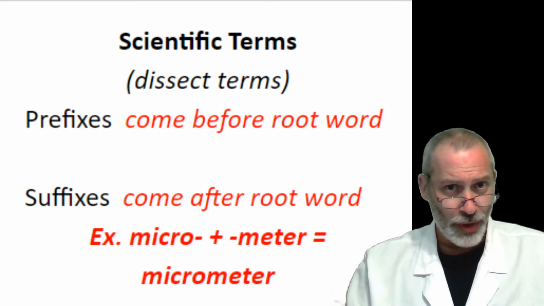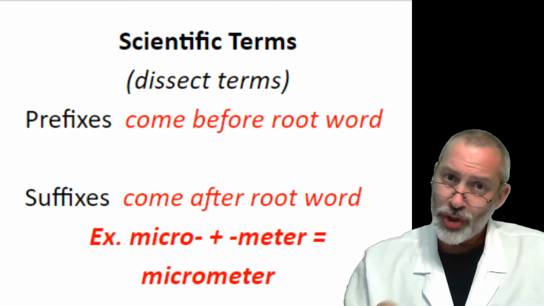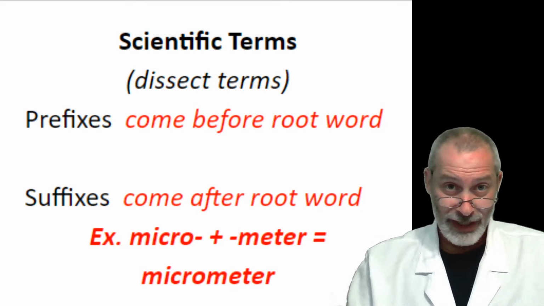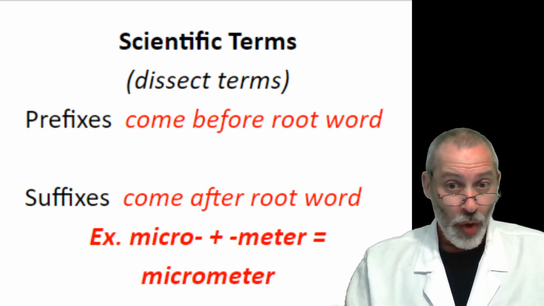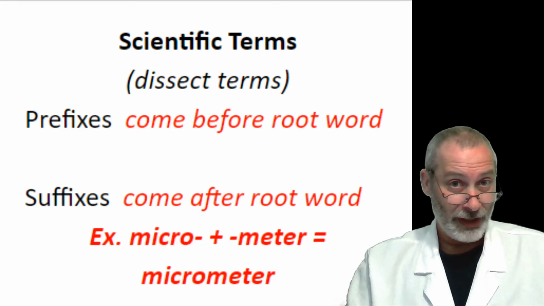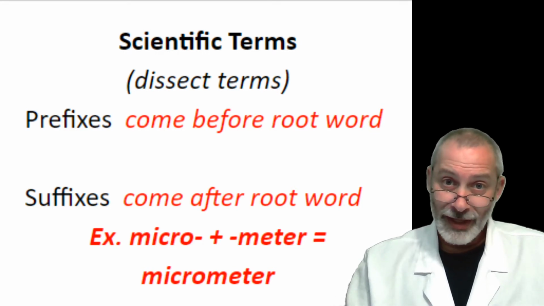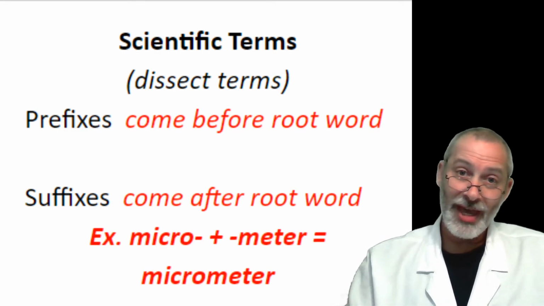If you're not sure, take a quick moment to turn to your glossary in the back of your book, because I'm going to ask you in a moment what you think the word micrometer means. And remember, it's both of those together.